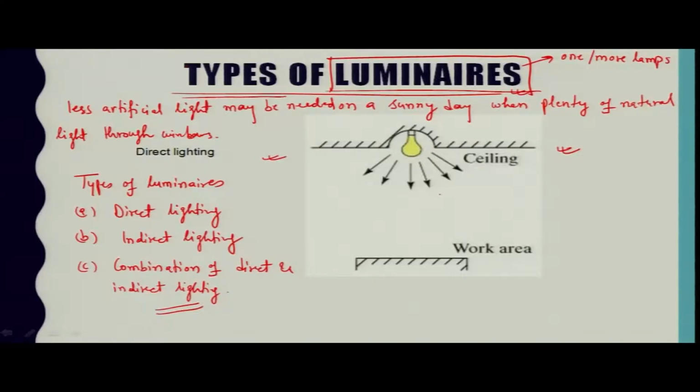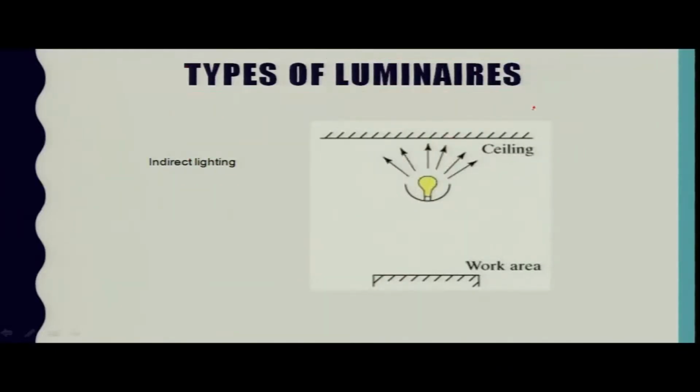Here you can see that the bulb is giving light to the work area, and this is the example of direct lighting. As you see in this figure, this example shows the indirect lighting phenomenon.